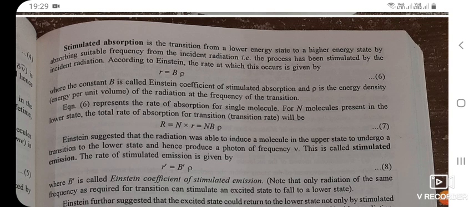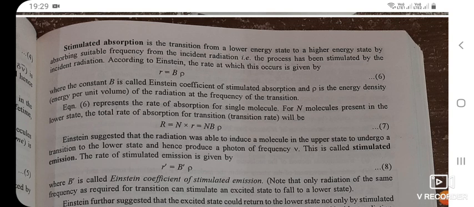Einstein suggested that the radiation was able to induce a molecule in the upper state to undergo a transition to the lower state and hence produce a photon of frequency nu. This is called stimulated emission.